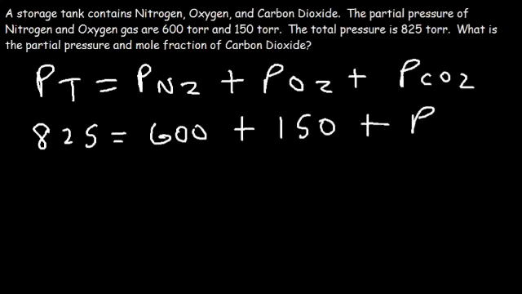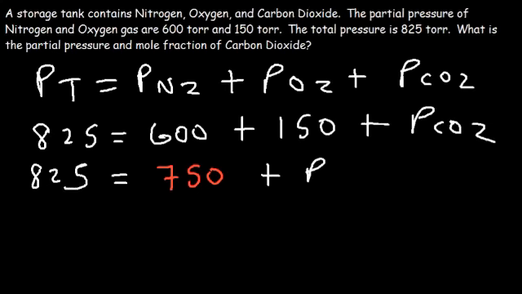So let's solve for the partial pressure of CO2. 600 plus 150 is 750. So the partial pressure of CO2 is going to be 825 minus 750, which is 75 torr.